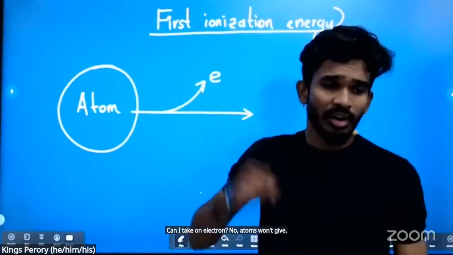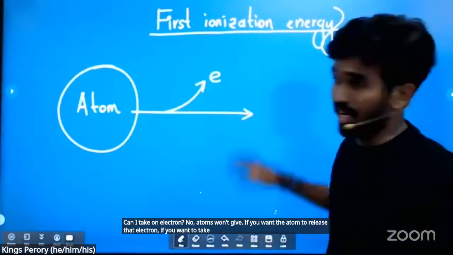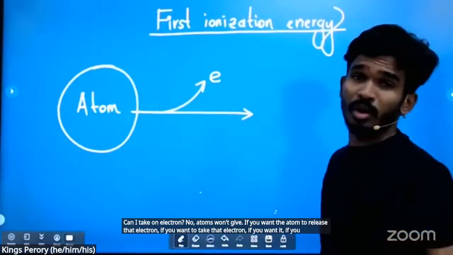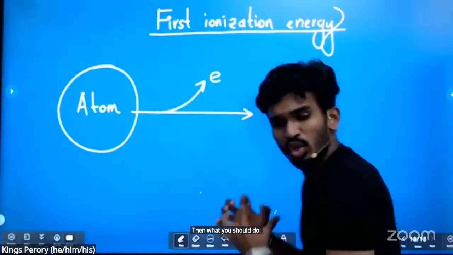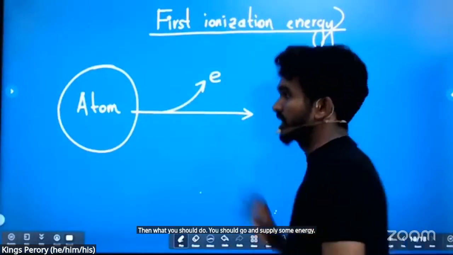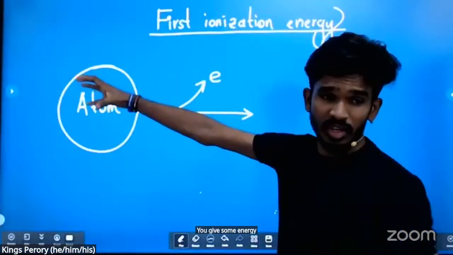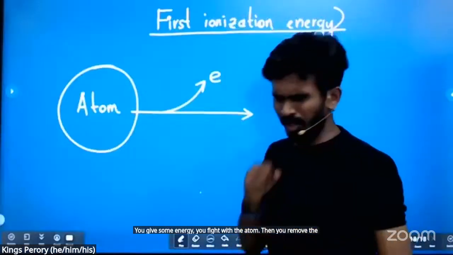If you want the atom to release that electron, if you want to take it out from that atom, then you should go and supply some energy. You give some energy, you fight with the atom, then you remove the electron.